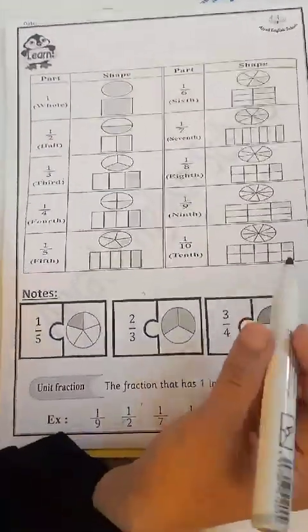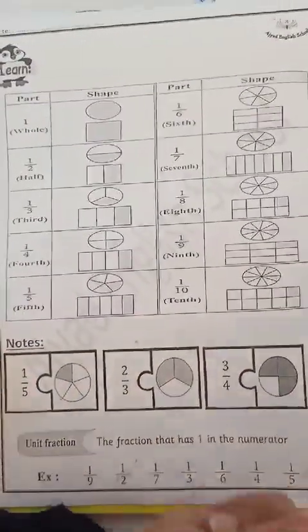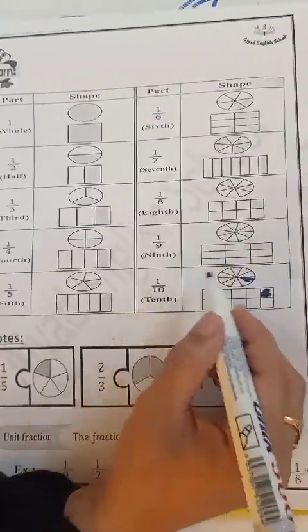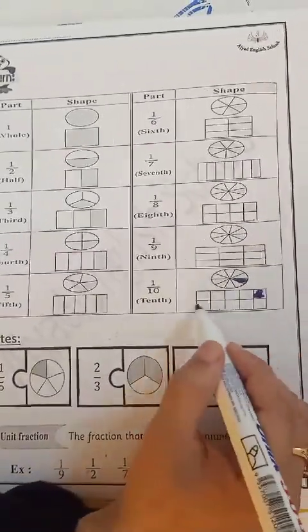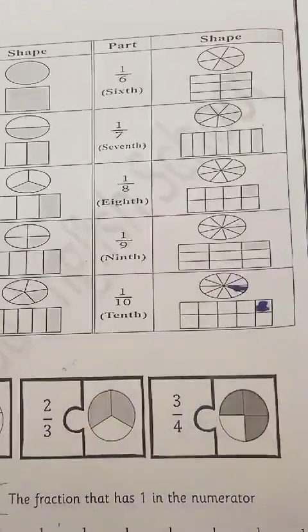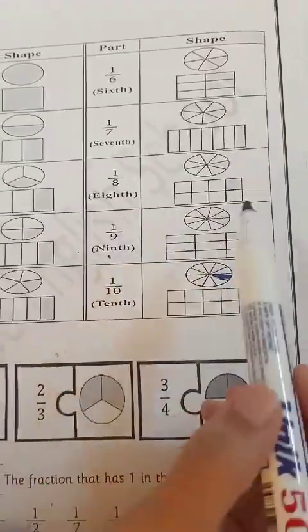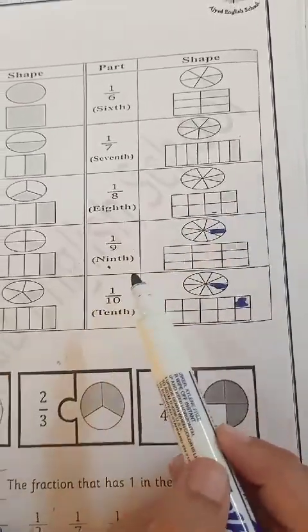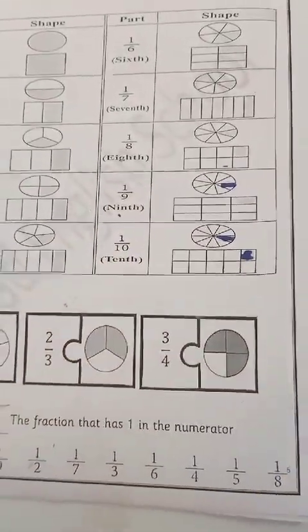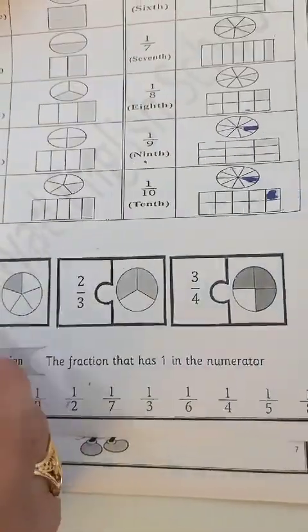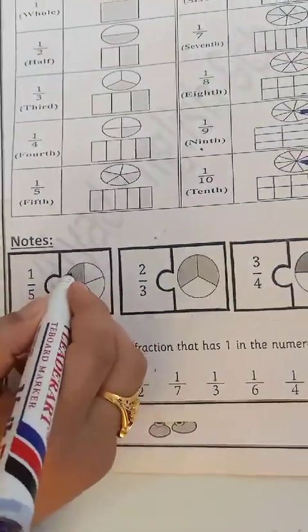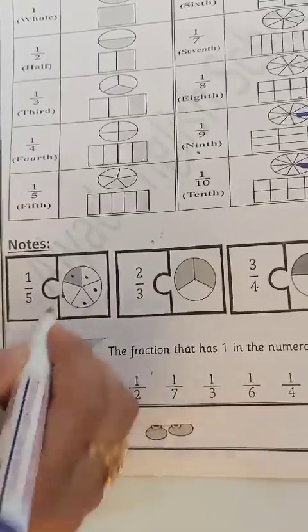We have here the table of tenths. This is called tenths. Why? We have colored part 1 and all parts here 10, and here 1 only part and all parts 9, okay? Here we have 1 only colored, but how many all parts? 1, 2, 3, 4, 5.